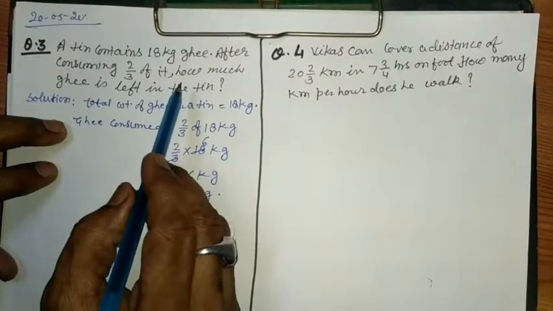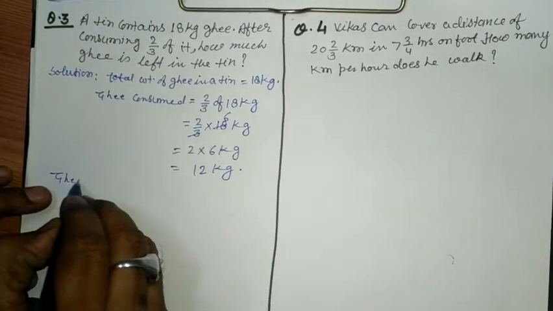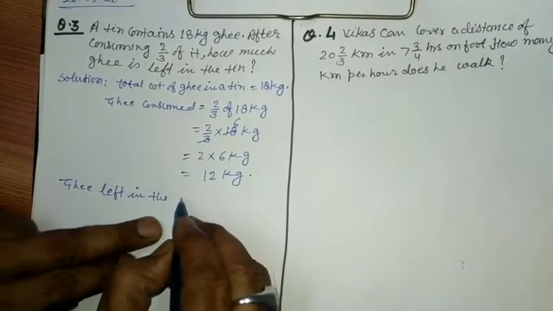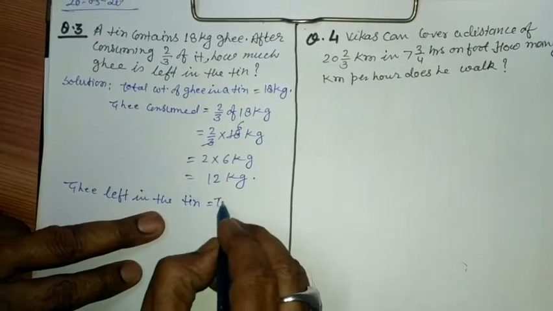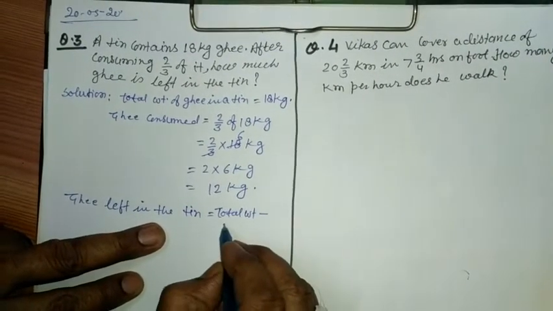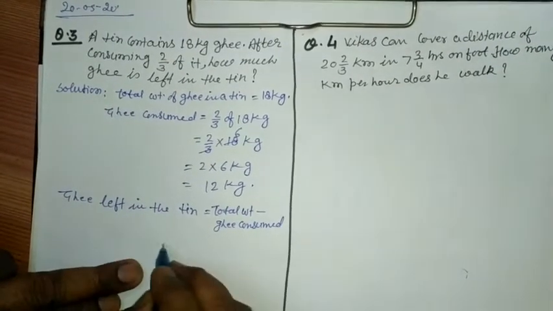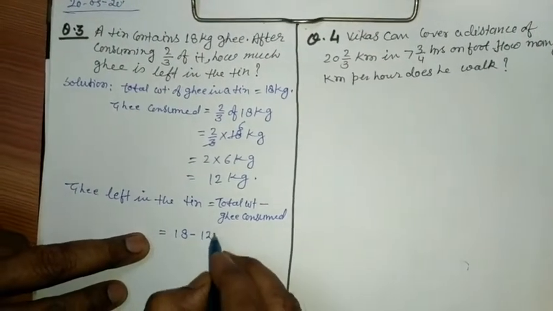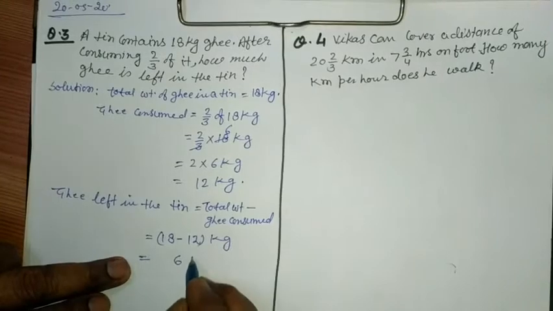We have to find out how much ghee is left in the tin. Ghee left in the tin equal to total weight minus ghee consumed, equal to 18 minus 12 kg, equal to 6 kg.